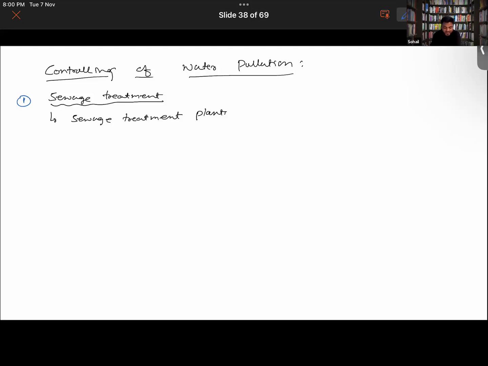The second thing is, Moaz, you suggest one measure. What should be done? What are other measures of controlling water pollution? Ahmed, you also have to mention some points.